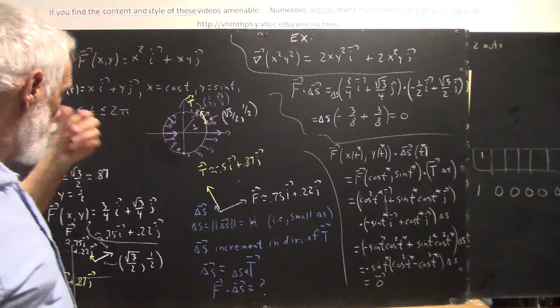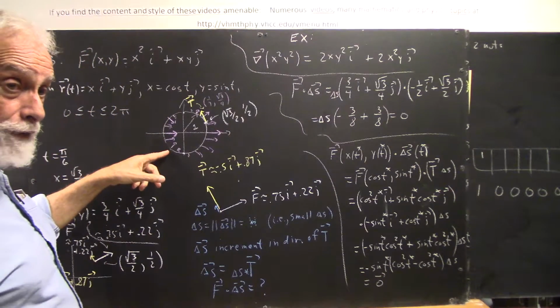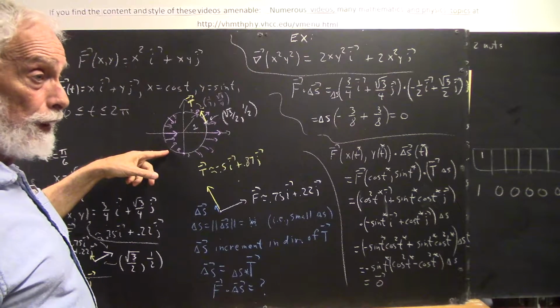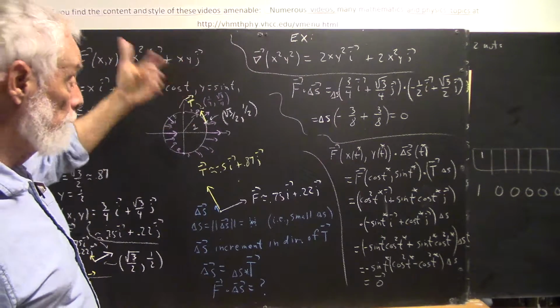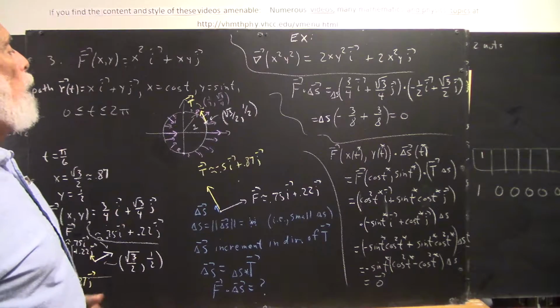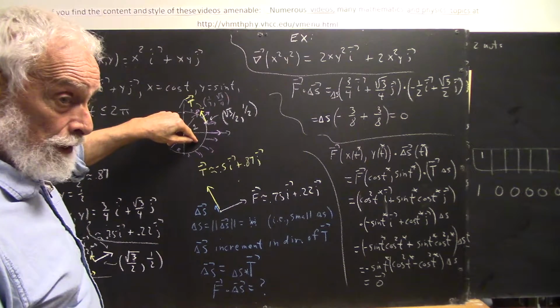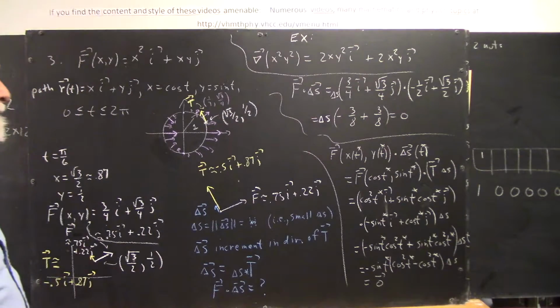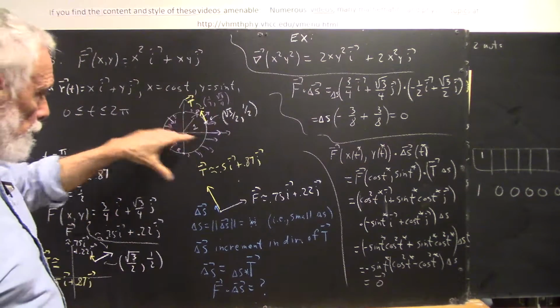Okay, well, we can take our insights and move them around to the 5 pi over 4 point, where the x is still negative, but the y is also negative, so that the xy will be positive now. And to the 7 pi over 4 position. And we can reason that out, and we can reason out symmetries.